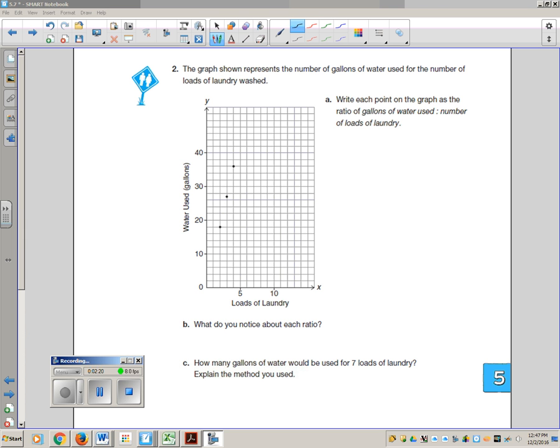The graph shown represents the number of gallons of water used for the number of loads of laundry. Interval 1, 2, 3, 4, 5, going by ones. Look here, so we got 0 to 10, 2, 4, 6, 8. So your interval is 2 on that one. Here's my first one. 2 loads.